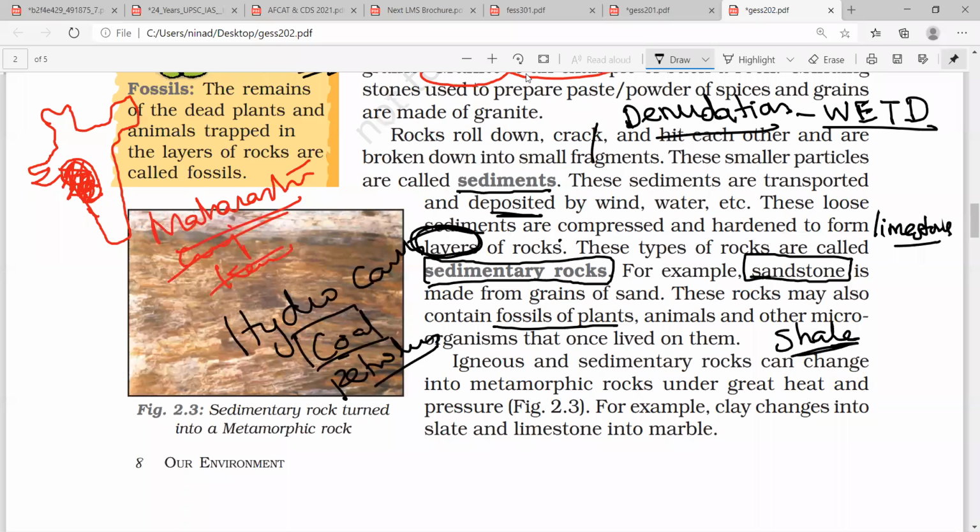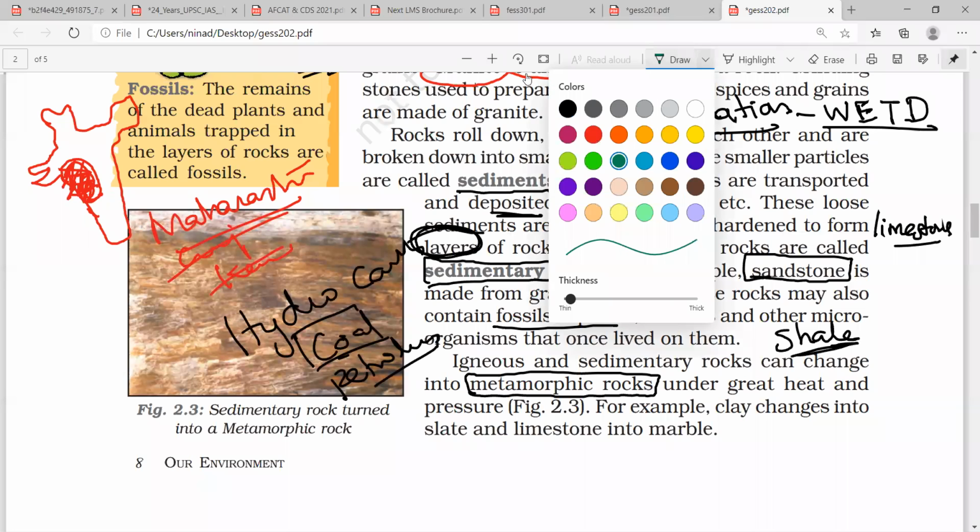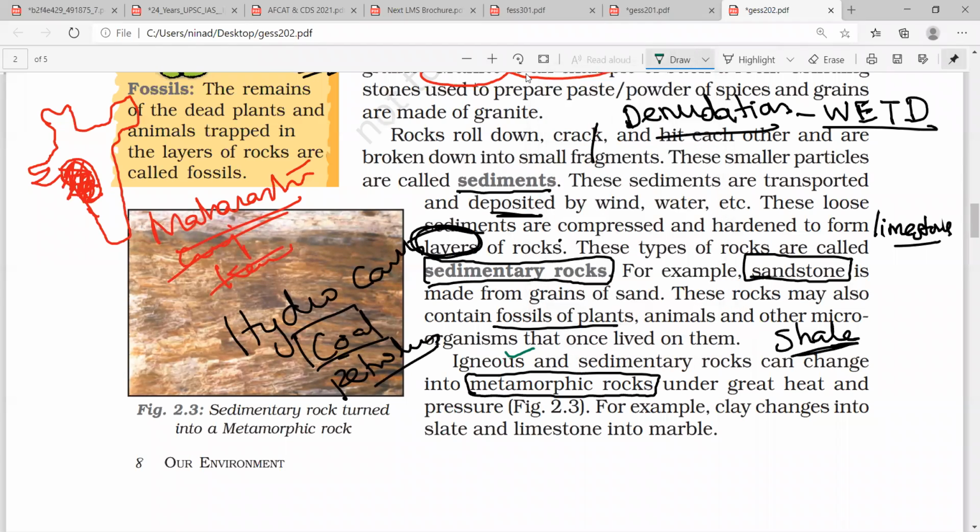Okay. Now the third rock is known as metamorphic rock. Metamorphic rock is nothing but a modified rock. Either an igneous rock or a sedimentary rock is changed into another type of rock because of pressure and heat, temperature.